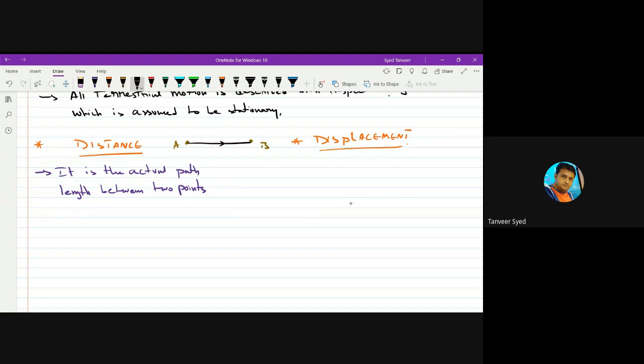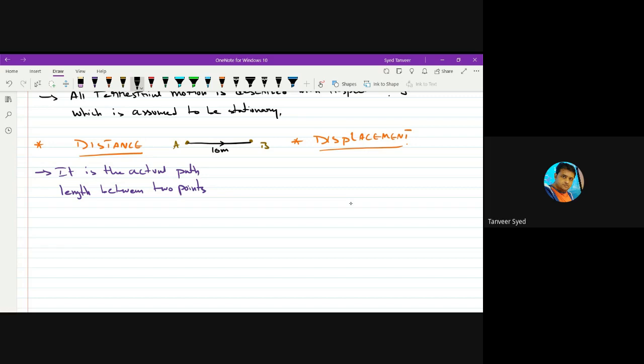To measure distance, you take a measuring instrument, let us say a scale or a measuring tape, place it along the path that you traveled and measure the length. You'll get the distance. Let us say this is some 10 meter, for example. So distance between A and B along this straight line path is 10 meters.